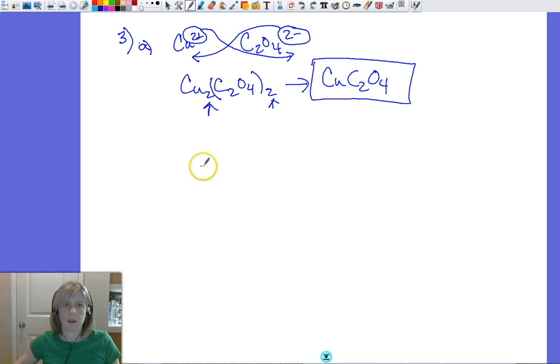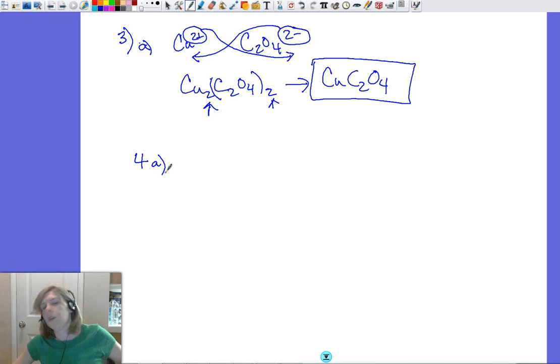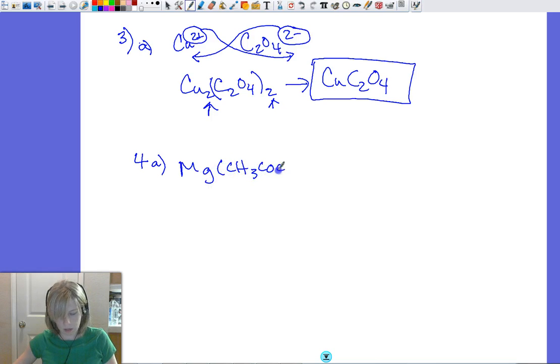So now I will do one from 4. So I'm going to do 4A. And it says name these. So you're just going to look at both parts. It says Mg(CH3COO)2.